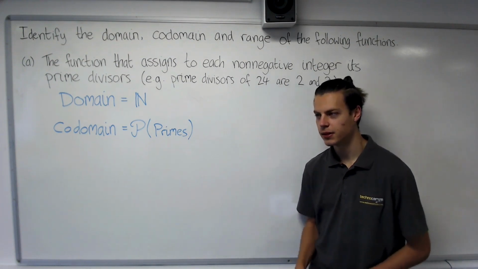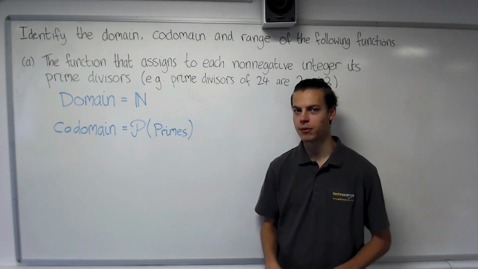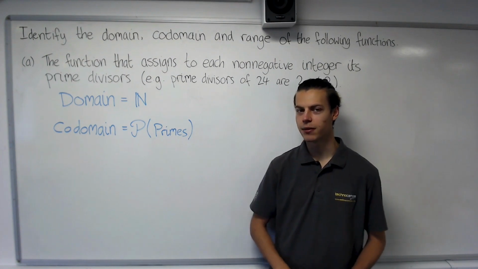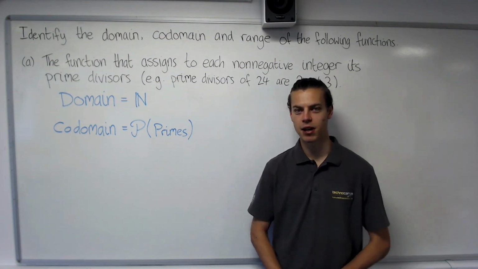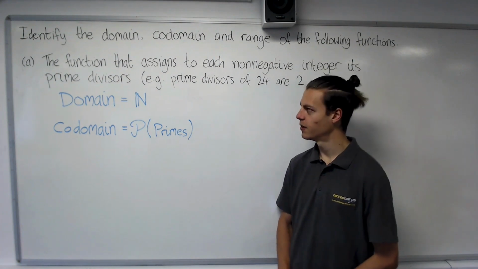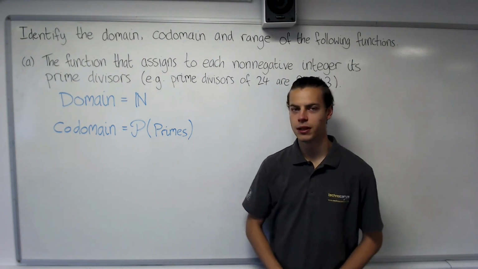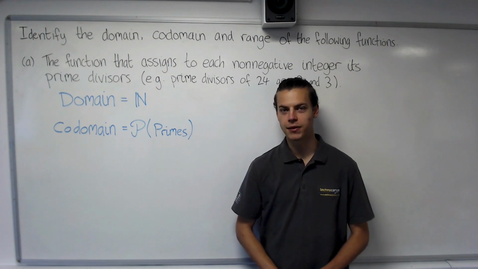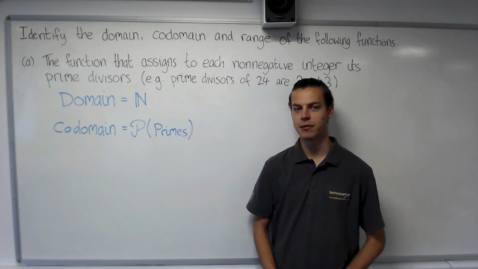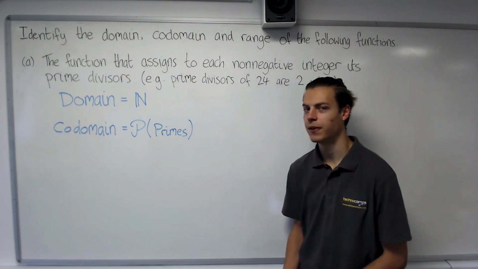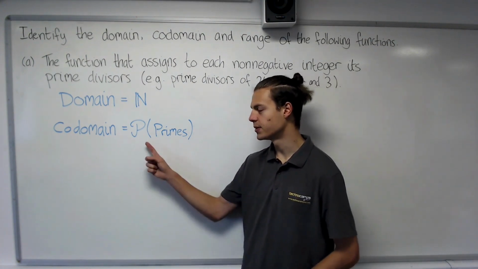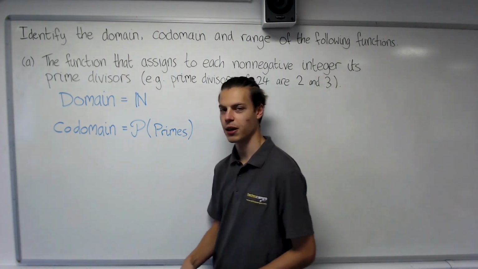So you have a set of prime numbers, multiply them all together, and the number you get, well, it will have exactly those prime numbers in the set as its prime divisors, right? So this function applied to that number will give us exactly that set of primes, okay? So hopefully that's enough to convince you that the range of this function is also the power set of the primes.